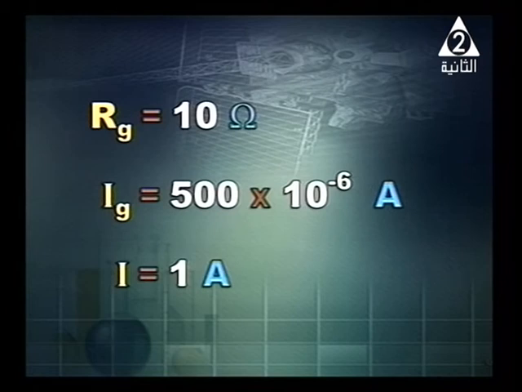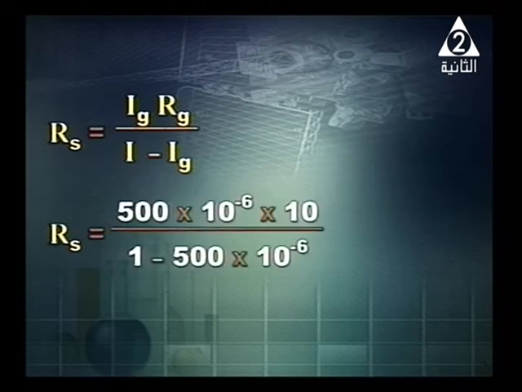We'll use the relation of the shunt: Rs is equal to Ig Rg over I minus Ig. So it is equal to 500 times 10 to the power of negative 6 times 10 over 1 minus 500 times 10 to the power of negative 6.